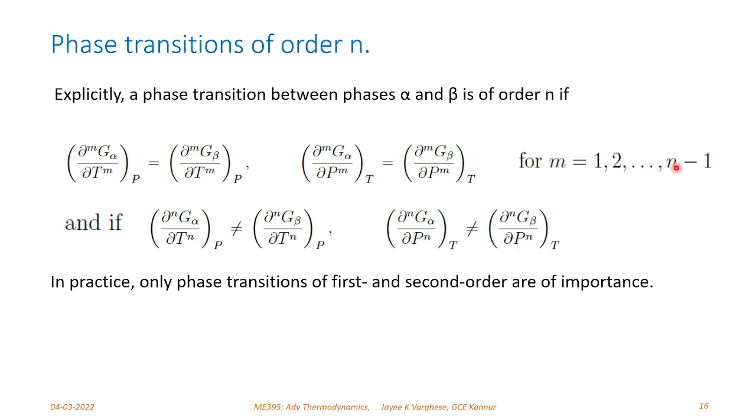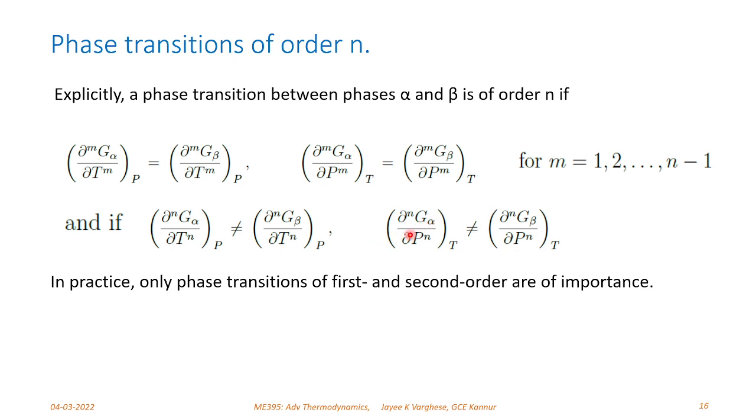But the next derivative, the nth derivative, ∂^n G_alpha divided by ∂T^n at a constant pressure, will not be equal to ∂^n G_beta divided by ∂T^n at a constant pressure. So the order of the derivative at which it becomes unequal or discontinuous is called the order of the phase transition.